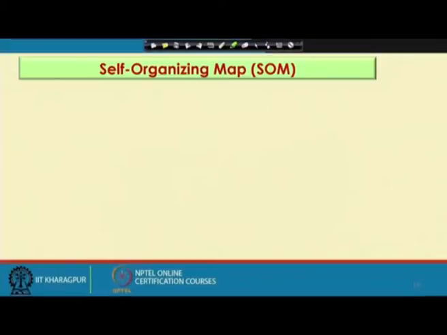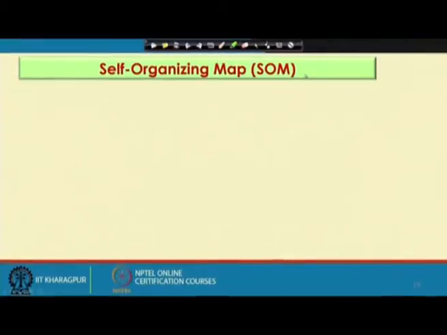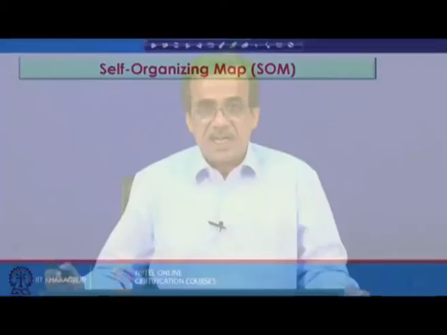Now I am just going to start with the working principle of another very efficient nonlinear mapping tool, which is popularly known as the self organizing map, in short SOM. This is actually a special type of neural network.